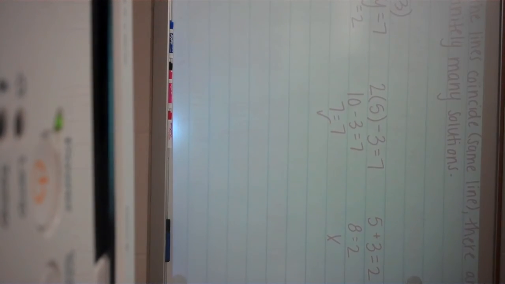So I could do 2 times 5 minus 3 equals 7, as well as 5 plus 3 equals 2. 2 times 5, 10 minus 3 equals 7. 7 equals 7. That works. My second equation, 5 plus 3, does 8 equal 2? No. Is (5, 3) a solution to the system? No, because it doesn't work for both equations.